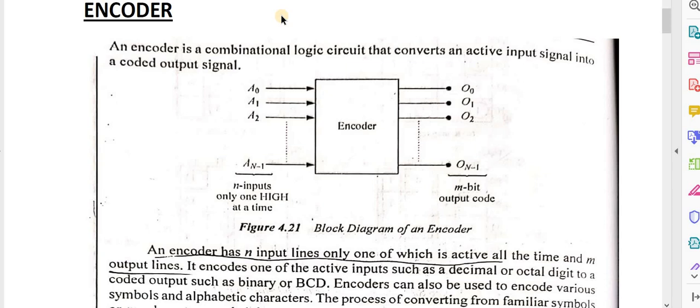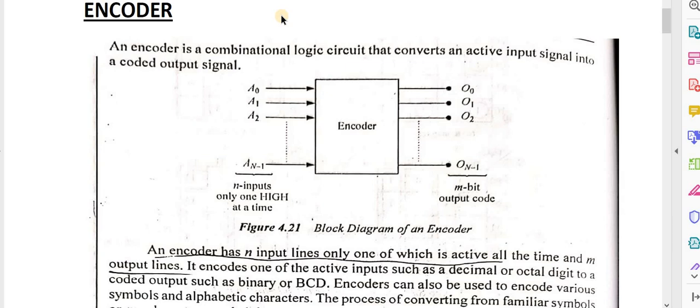So in this combinational circuit, the encoder, it will convert binary information in the form of 2 to the power n input lines into n output lines, which represent an n bit code for the input.